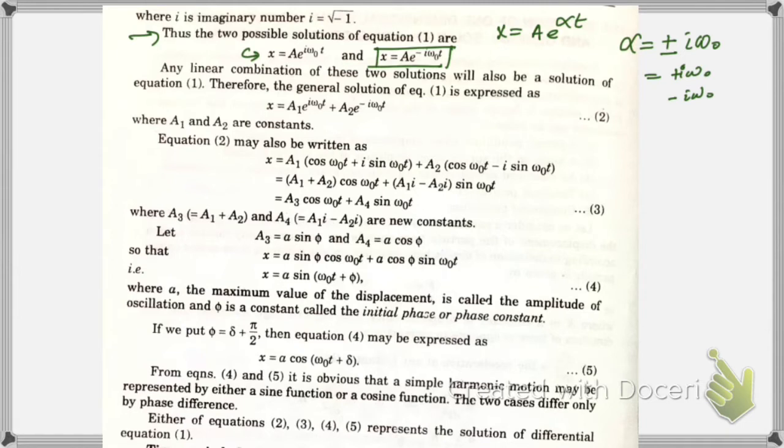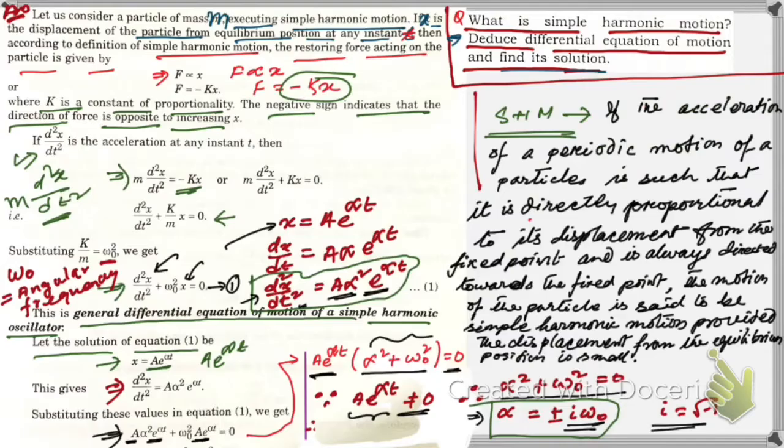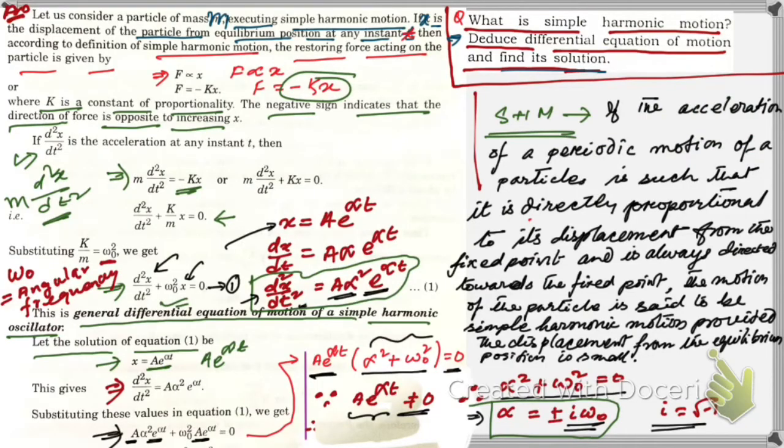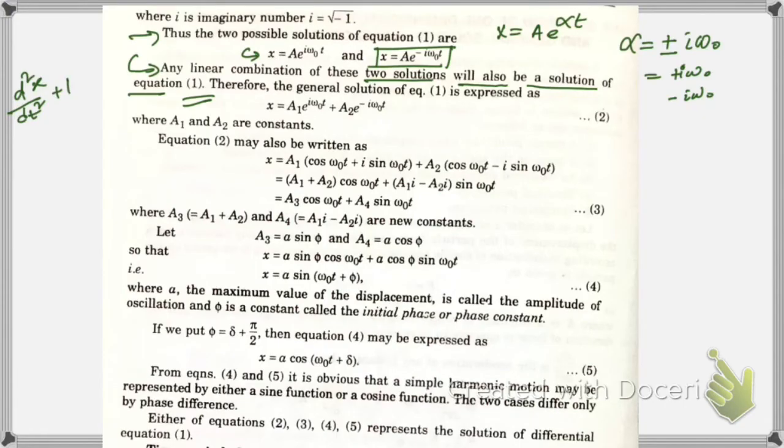So therefore any linear combination of these two solutions will also be a solution of equation number 1. So what was the equation number 1? Let me rewrite the equation here. The second order derivative of x with respect to time t, plus omega naught square x is equal to 0.